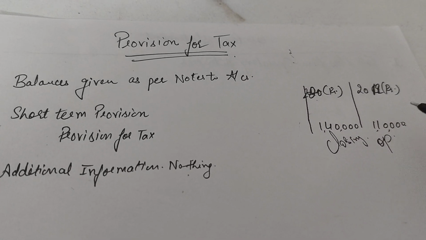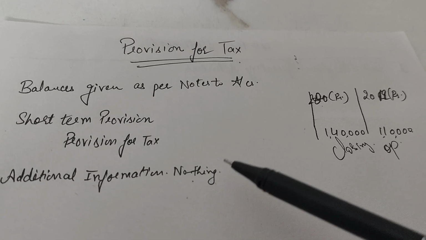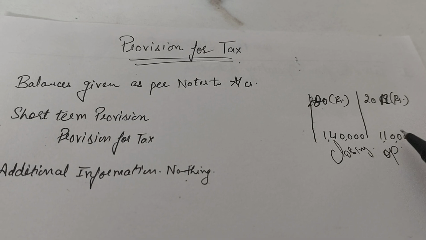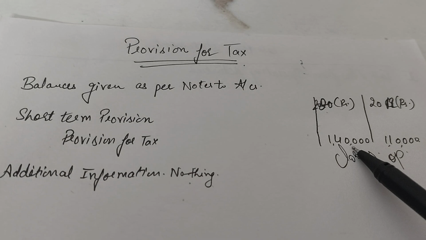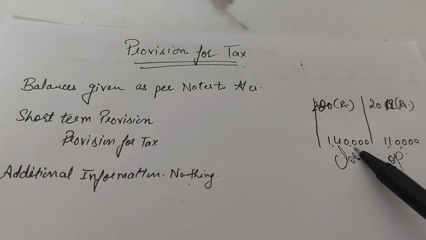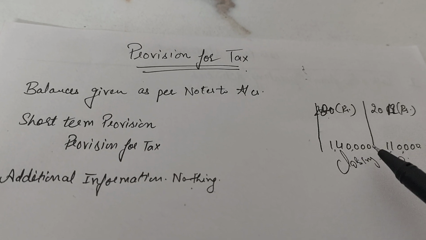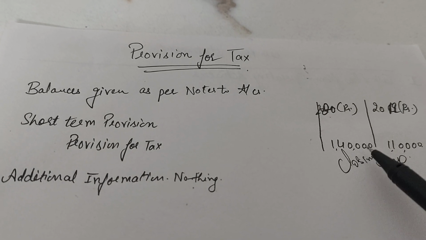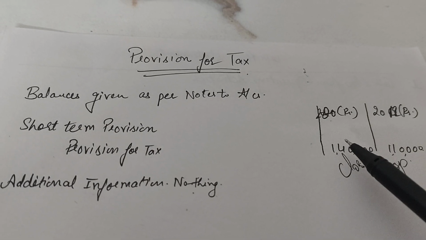So now what happens when you are not provided with any additional information for provision for tax: the opening balance of provision for tax becomes the paid value, and the closing balance becomes the made value. Made value means from P&L, paid value means from bank account. So for the operating activities, this 1,40,000 rupees is the provision for tax made.